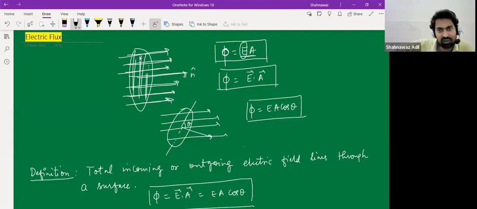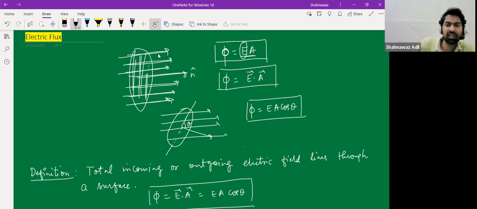We don't bother about the direction. The direction is only important when we calculate the area.